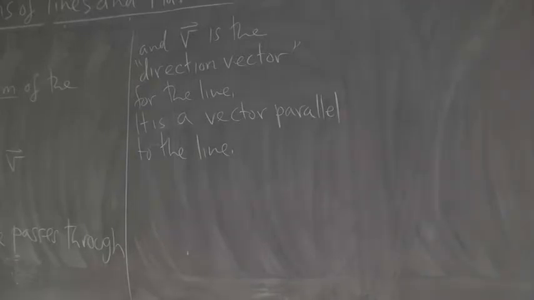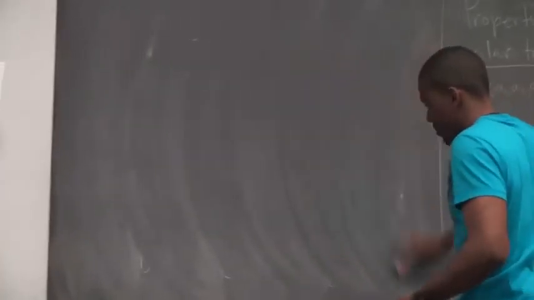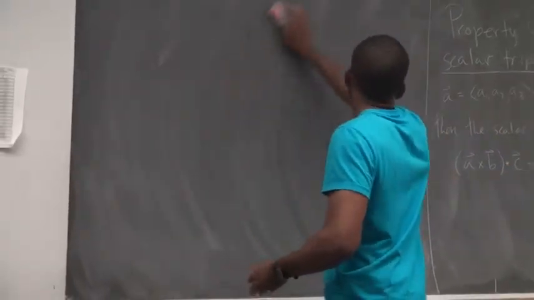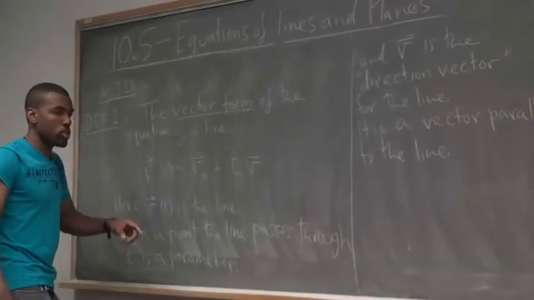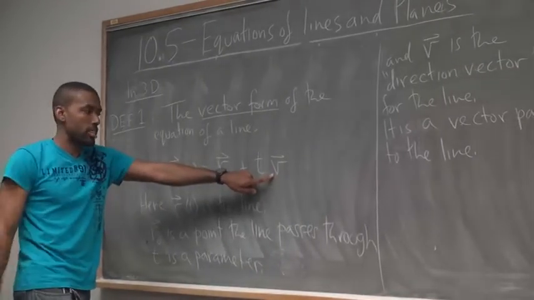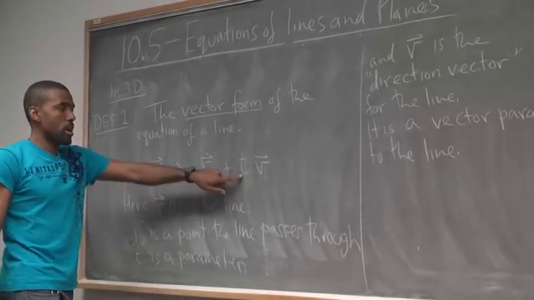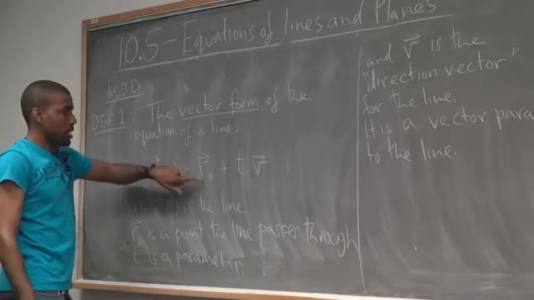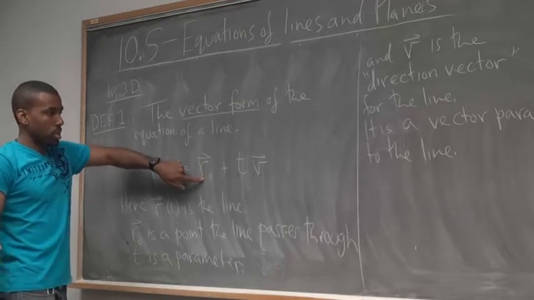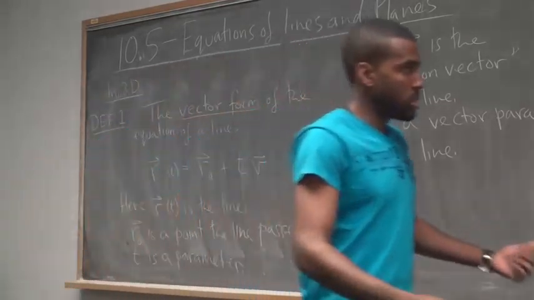And I'll show you where this comes from. It's sort of equivalent to your point-slope form. The V sort of tells you, it's sort of like your slope. It's that guy who tells you what direction the line is going in. T is a parameter, so as t varies, you can vary the points on your line. You can run up and down it. R0 is just a single point on the line, which we're thinking of as a position vector.